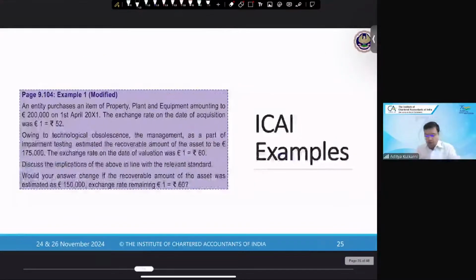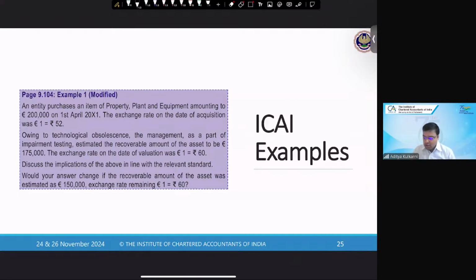Okay, fine. So now, on similar lines, we have this example picked up from your study material. An entity purchases an item of PPE amounting to 200,000 euros on 1st April 20x1. The exchange rate on the date of acquisition was 1 euro equals 52 rupees.